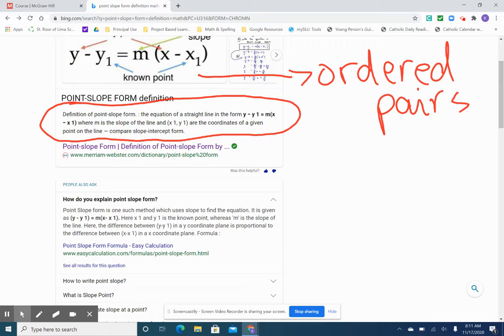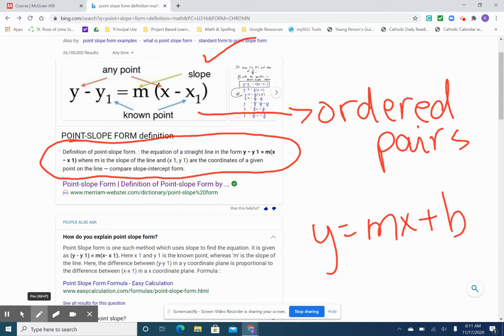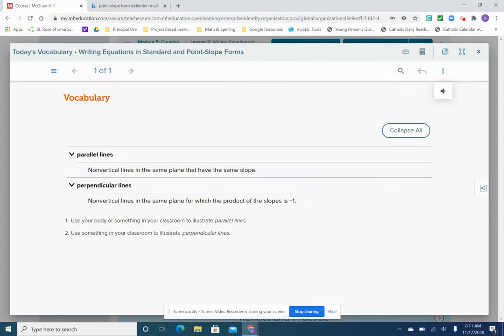And eventually you'll get your y equals, which will eventually put it into y equals mx plus b. So that's one way you could use it if you don't necessarily know what's going to go with the m, and if you don't necessarily know what the y is. Go ahead and put your definition on your vocabulary sheet, not your map.